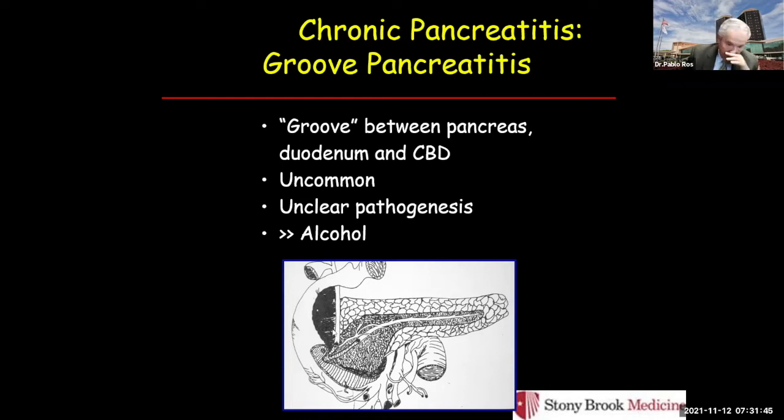It is uncommon. It has unclear pathogenesis, but it's certainly much less associated with alcoholism and other diet issues that occur in acute pancreatitis. So in groove pancreatitis, the key element is the location.